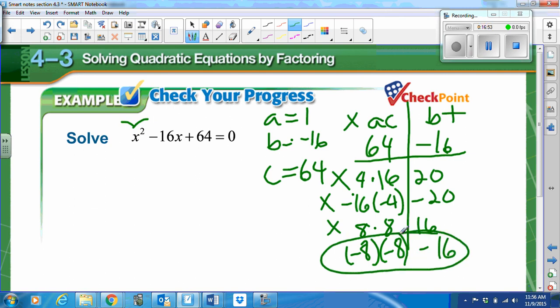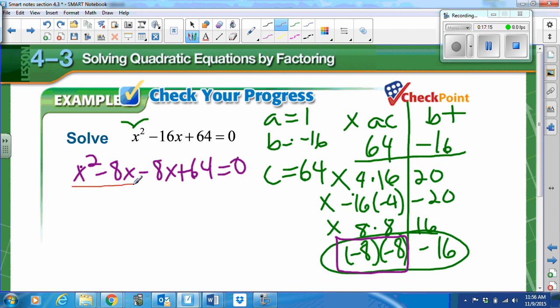That's what we want. So we're going to break up that term into these two numbers. So we're going to write x squared minus 8x minus 8x plus 64 equals 0. So factor out x from the first two terms and negative 8 from the last two, giving x times x minus 8, minus 8 times x minus 8.